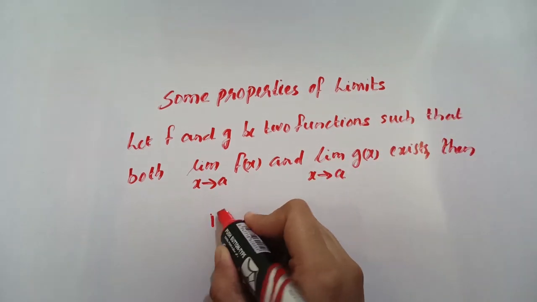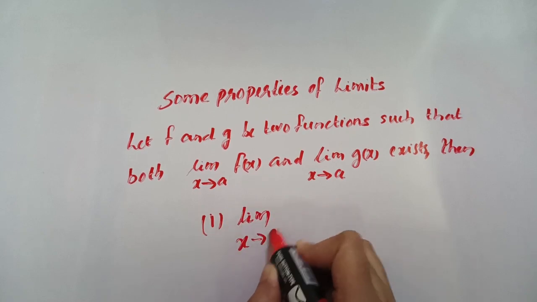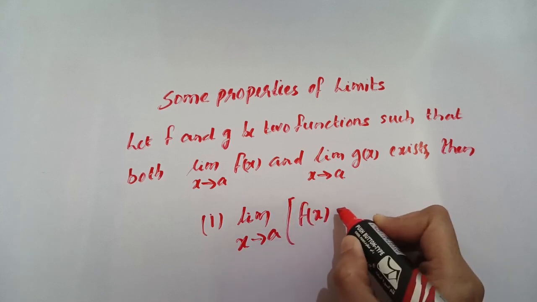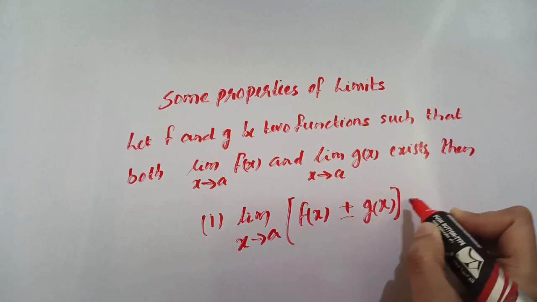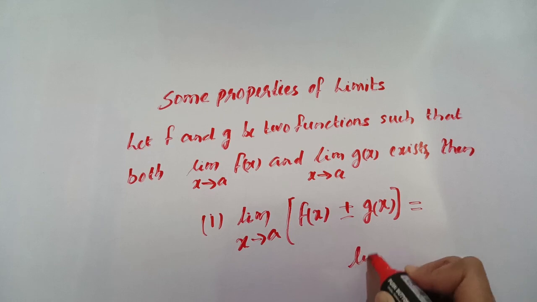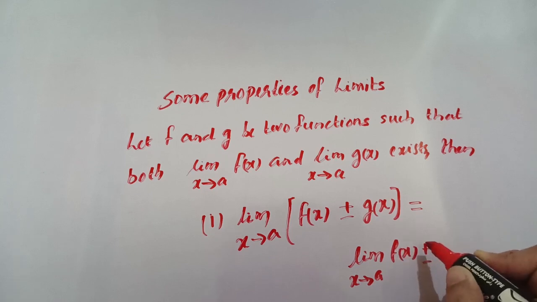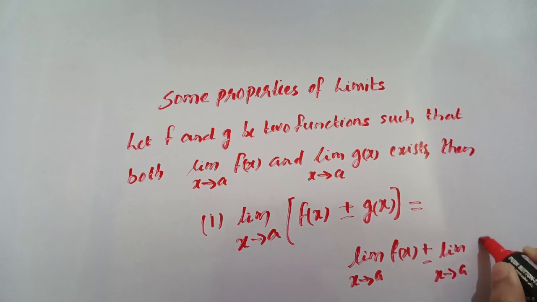Then we can write the first property as limit x tends to a of f of x plus or minus g of x is equal to limit x tends to a, f of x plus or minus limit x tends to a, g of x. This is the first property.